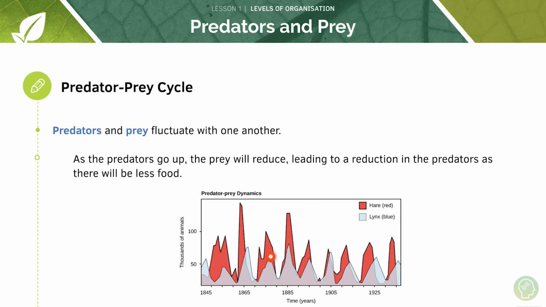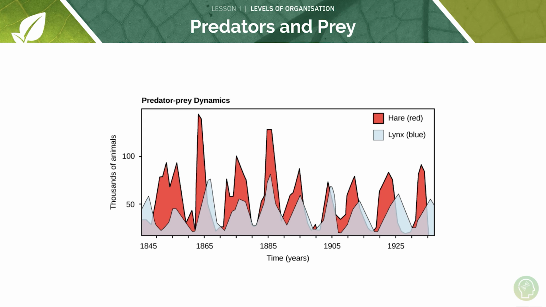And then when the hare population is high again, the lynx have more prey, so the lynx will rise, and so on. So it's always a cycle, because as the number of lynx increases, the number of hare reduces, and vice versa, because as the predators go up, the prey will reduce. So this is known as the predator-prey cycle.